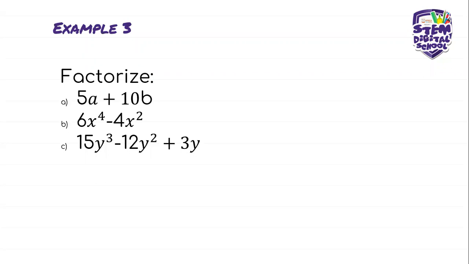But if you look at those coefficients, 5 and 10, definitely there is something common there. We know that 10 can be expressed as 2 times 5. So it means that 5 is a common factor there, or the highest common factor between 5 and 10. The highest common factor there would be 5.